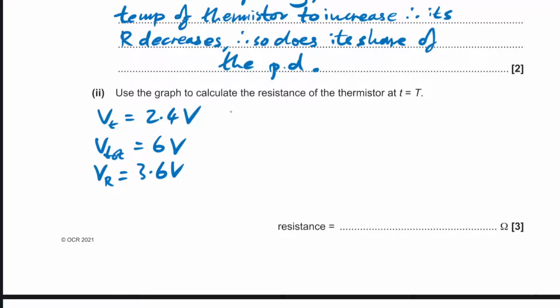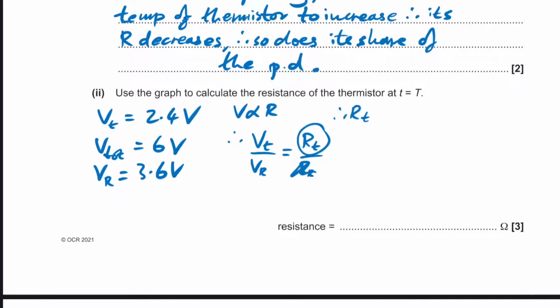We know that when it comes to potential dividers, V is proportional to R. So V of the thermistor over V of the resistor is equal to their R's. We're looking for RT, so RT is going to be 12 ohms times the PD, 2.4 volts over 3.6 volts.